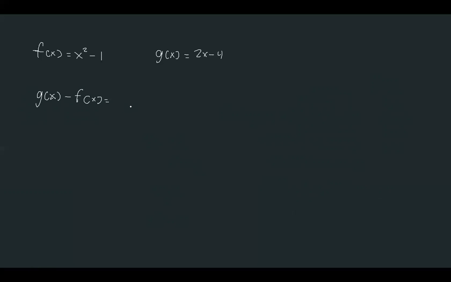This one is still easy, actually. Simply substitute 2x minus 4 minus your f of x. Again, if you have a negative sign for the function, don't forget to include the parentheses. So negative, then parentheses, then x squared minus 1.